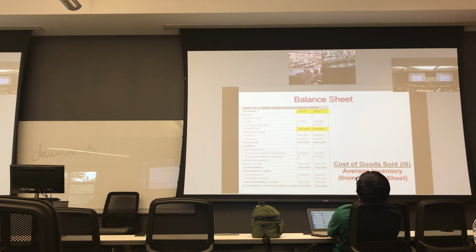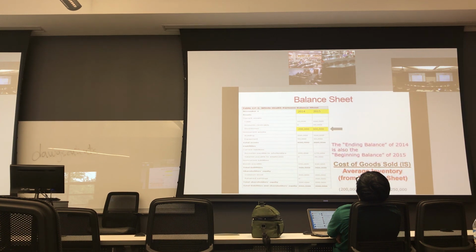So your ending inventory of one year is your beginning inventory for the next year. Do you follow that? It's just a picture. You have a picture of what I have at the end of this year, and what I had at the end of last year is what I started the new year with. So you take the ending inventory for 2 years and just divide it by 2.